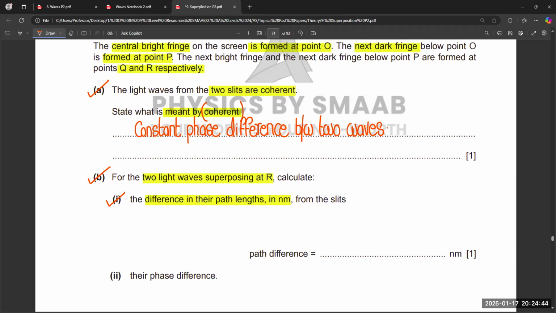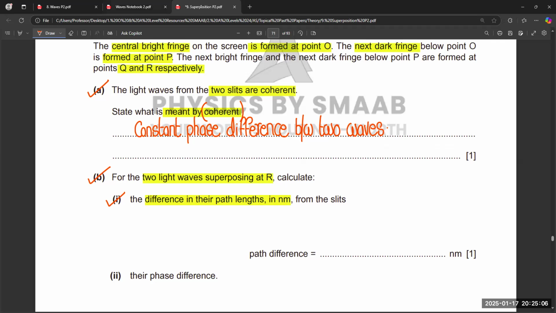Yes, we only need to write the definition of coherent because it is only definition based in our syllabus. There is no detail, no description, no other concept required. Basically, coherent is a single word term, and in detail, we write constant phase difference. That is the only thing.